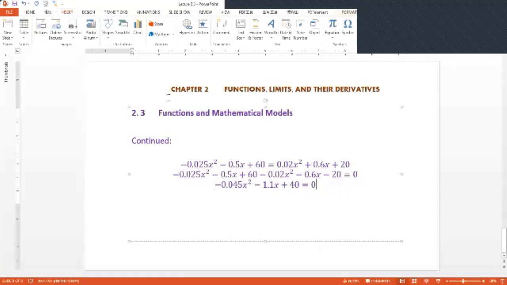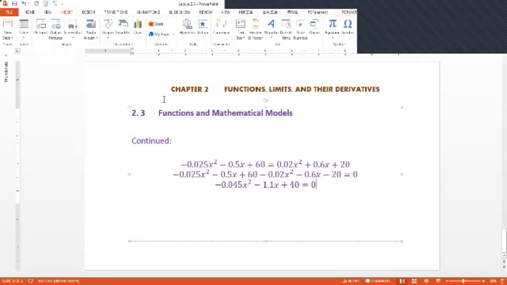All right. So then we need to simplify this equation and try to solve it. We don't like decimals.